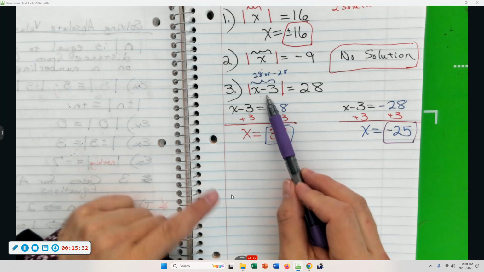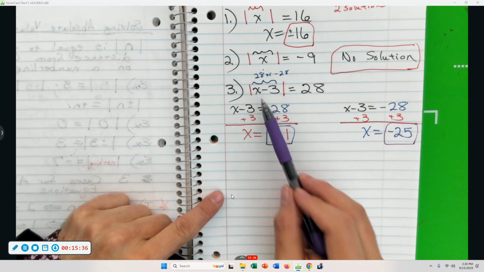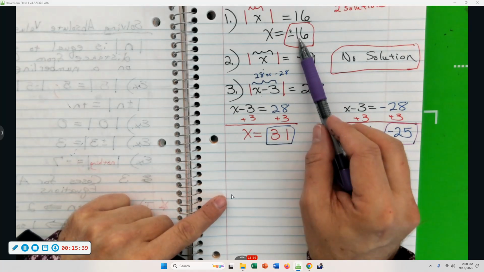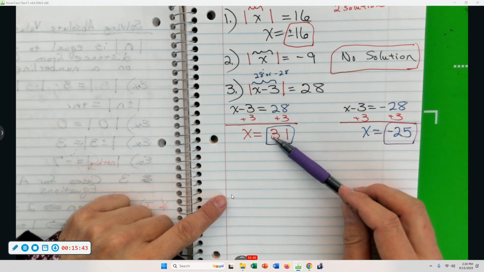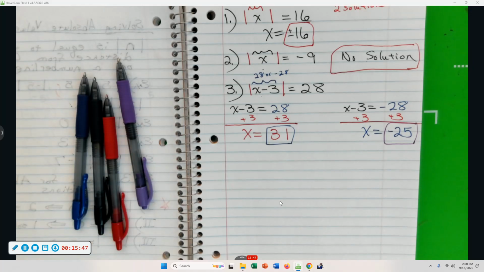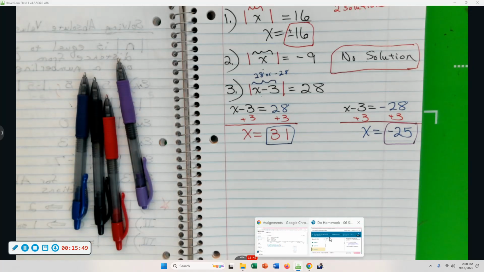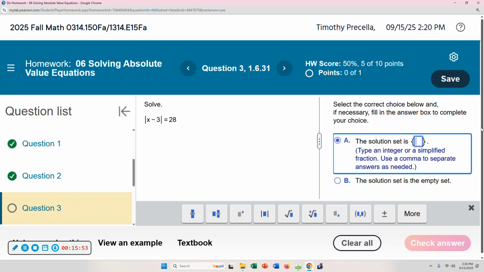If the stuff inside the absolute value is something other than just a single x, you don't expect to get the positive and negative of the same number. Here we have a positive 31 and a negative 25 for our answers.